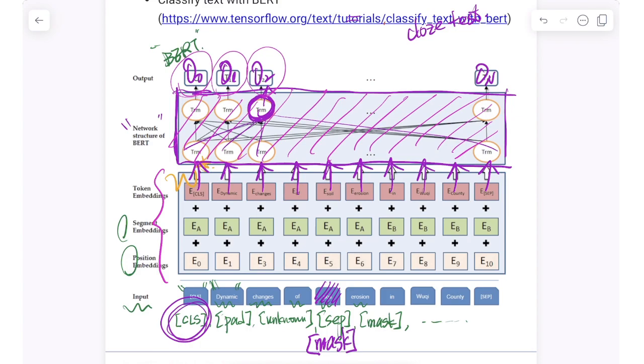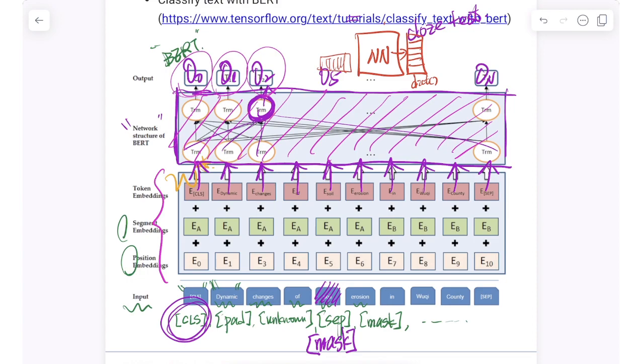After that, for example, that is O5. O5 is a vector, and you can design a neural network right here that outputs a one-hot vector, exactly the same size as your dictionary.